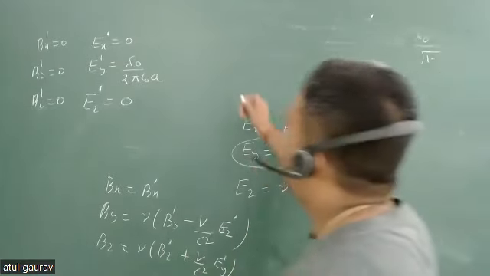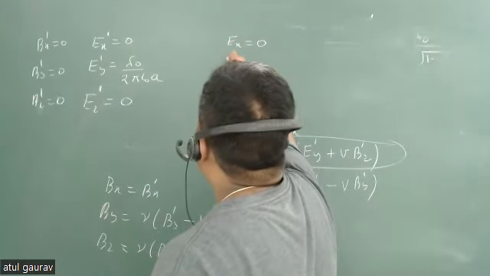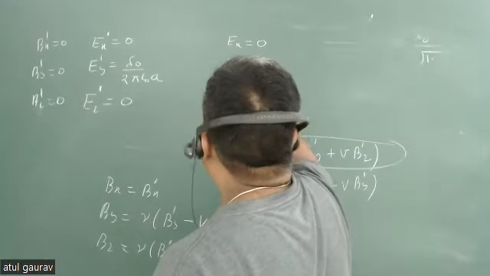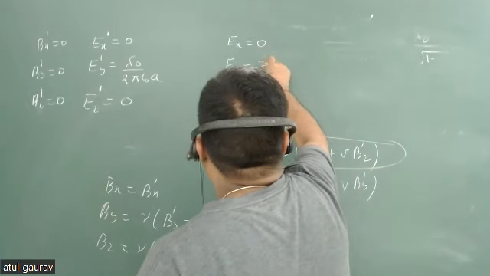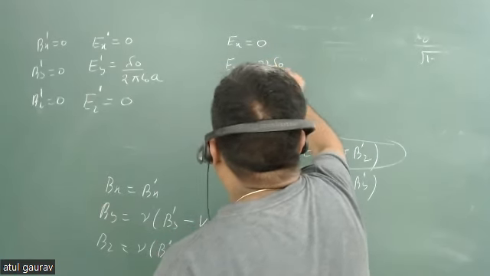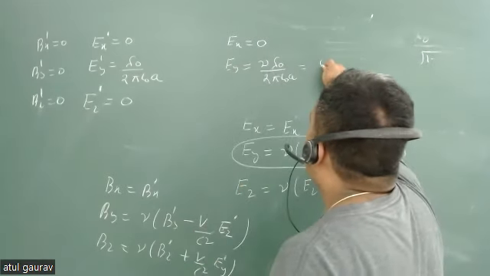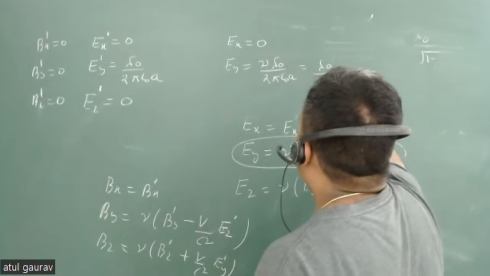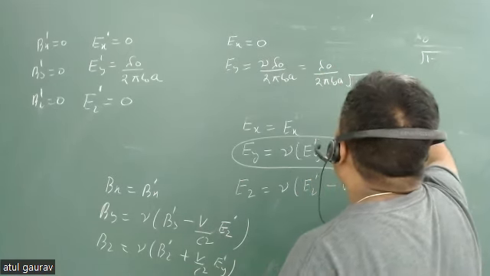So what will be your Ex? That value is 0. What will be your Ey? Bz dash is 0, and that value is equal to gamma times Ey dash, which is lambda naught upon 2 pi epsilon naught a, and this value is equal to lambda naught upon 2 pi epsilon naught a times root of 1 minus v square by c square.